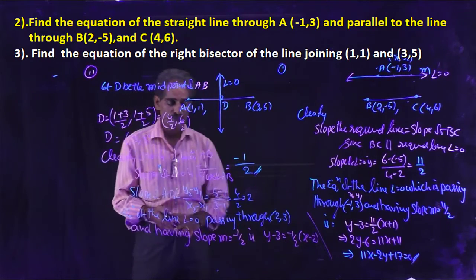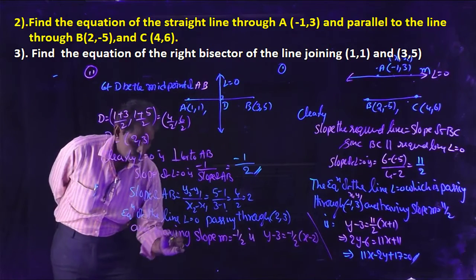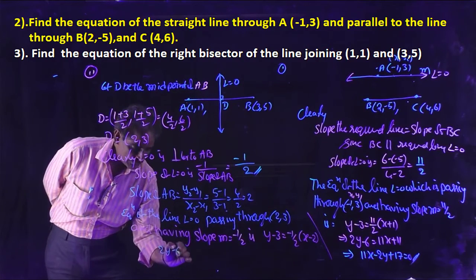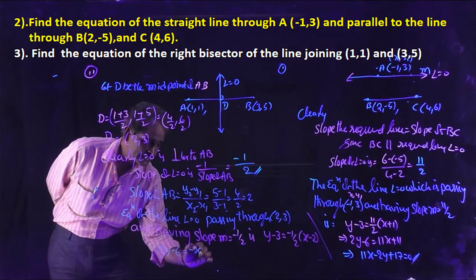Just simplifying it, we will get the equation: 2y minus 6 is equal to minus x plus 2.